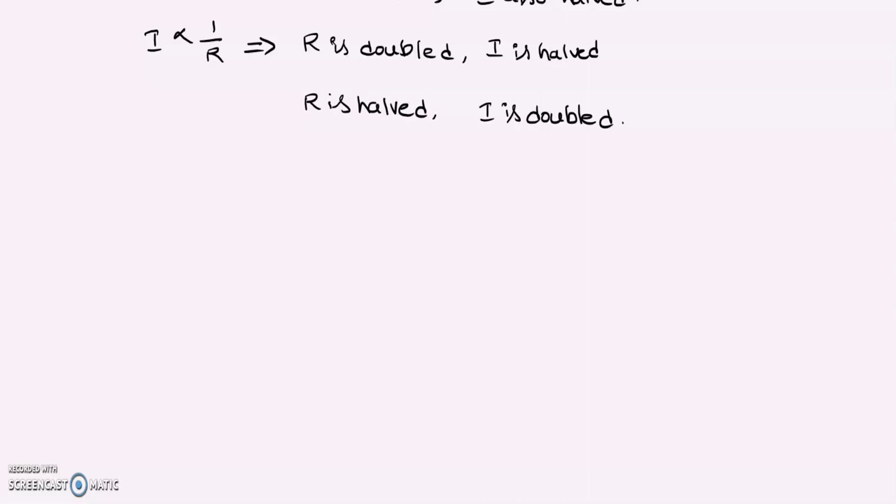Thus, the strength of electric current flowing in a given conductor depends upon two factors.